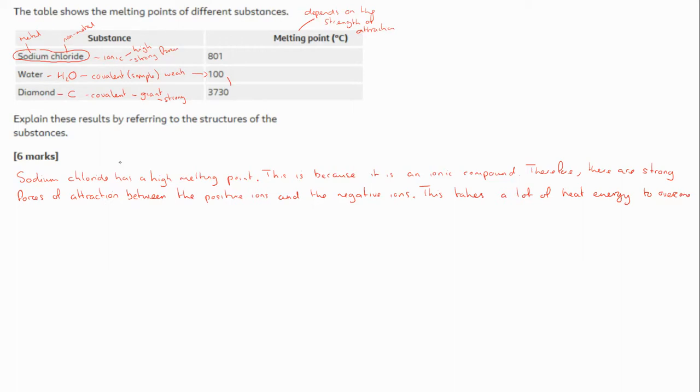Then water. Water is a simple covalent molecule. People quite often get mixed up here because covalent bonds are strong, but when we're melting water, which we normally call ice, I'm not breaking the covalent bonds.